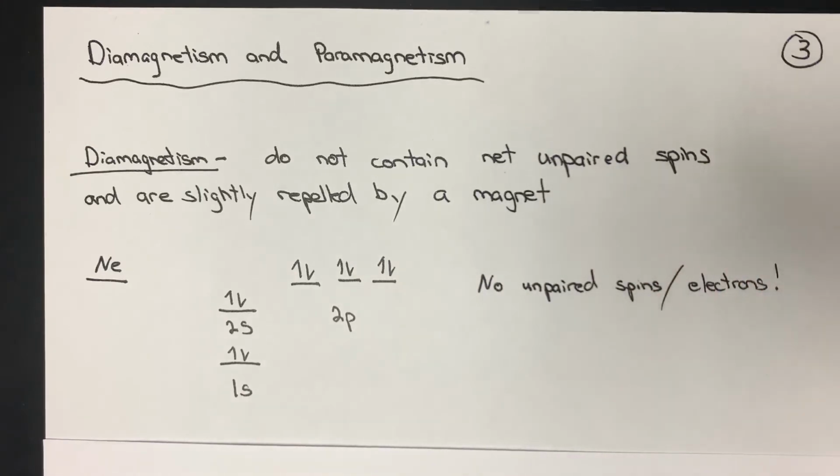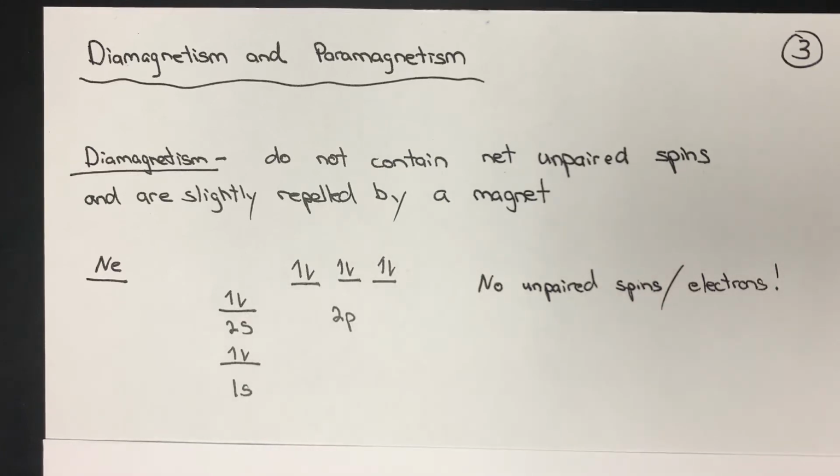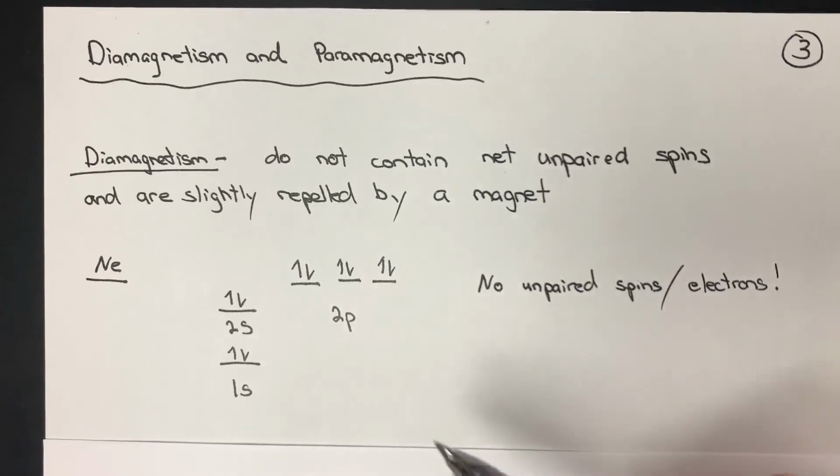And as a result, we find that they are actually slightly repelled by a magnet. We're going to get into paramagnetism here in a second to firm up that last statement. But because I have no unpaired electrons, I have no unpaired spins, we would expect that the atom of neon here would actually be slightly repelled by a magnet.